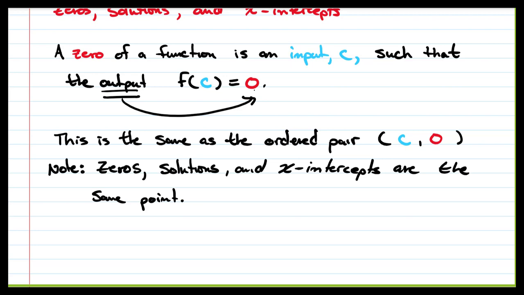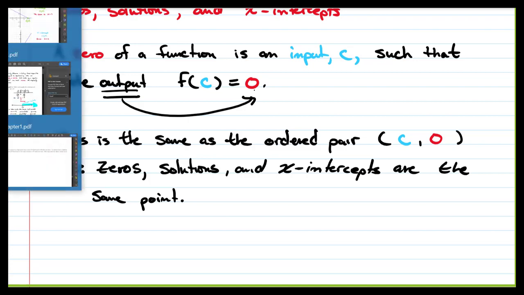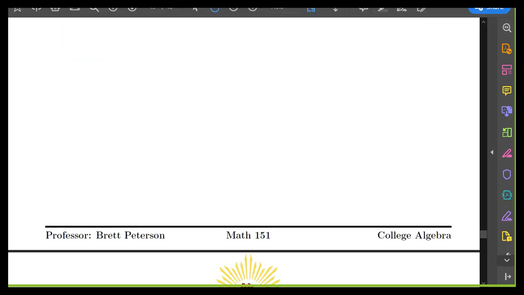But in reality, all three of these are exactly the same thing. If you know one of them, you know all of them. So don't let that bother you. It's really easy to think we're talking about three different things. We're not. They're all the same thing. We'll just use them when we're talking about things in different contexts, but they're exactly the same point when we're talking about them on a graph. Example 3 will help illustrate this point. So let's take a look at example number 3.